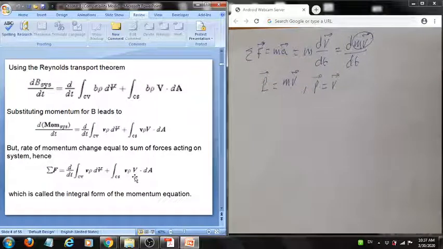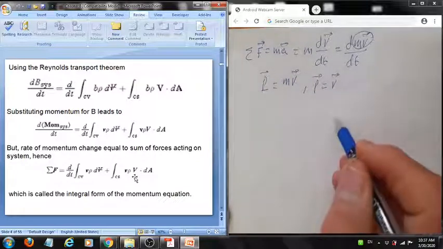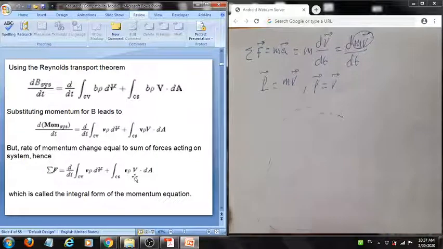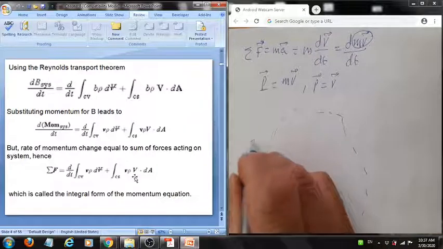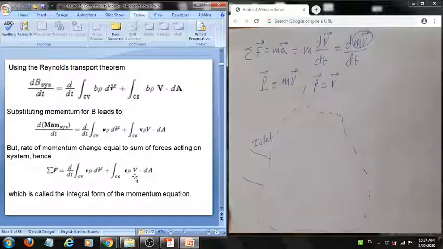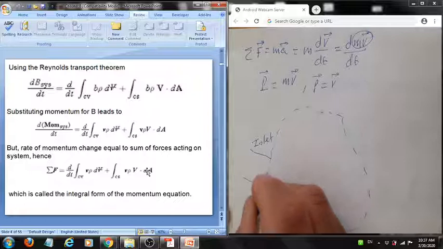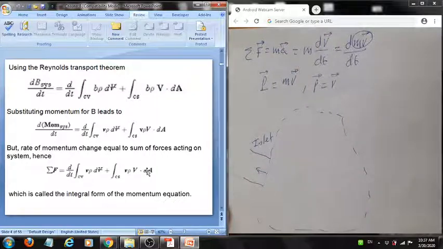Okay, we want to look at a specific case which is very common in fluid mechanics or in this course. Suppose we have one inlet. Now we recognize this area is a vector, normal out.